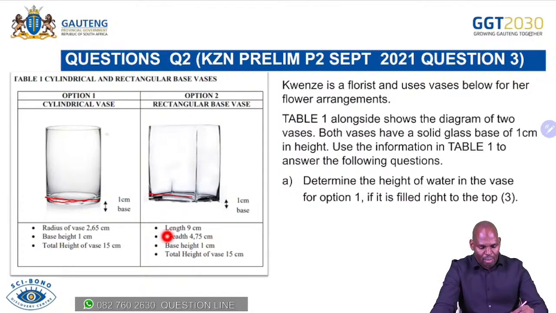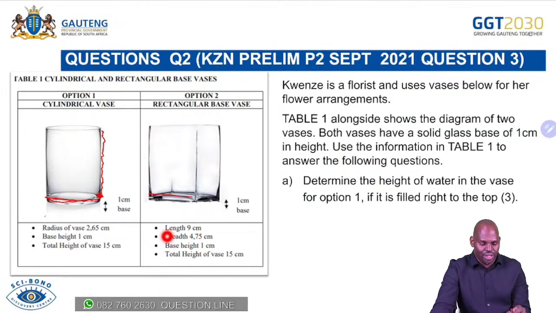The amount of water will only fill up to this level, because the inside of the glass is only up to this point. That is the height of the glass inside. So the amount of water will start from this point heading up to the top.